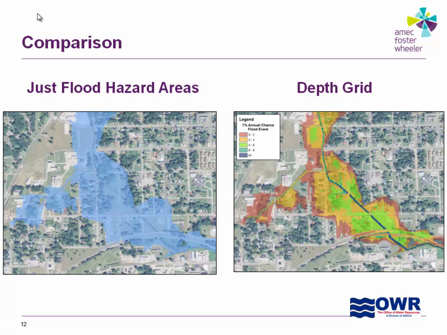When we look at the depth grid, you see there's variance, whereas this person might think he's the same risk as this person here, but that's about 6 feet difference of actual risk between having water seep through your cracks in your door or having to get Fido and Fluffy and get out and get a canoe. As you see, the real deepest areal channelization there. And this can help with mitigation, knowing that although both these are flooding, there's definitely a difference in severity of the flooding going on.